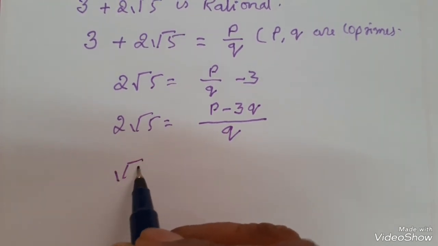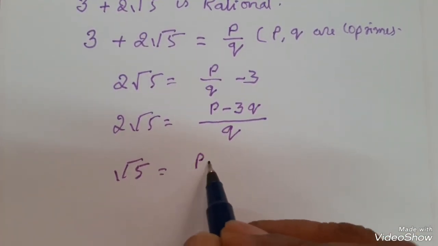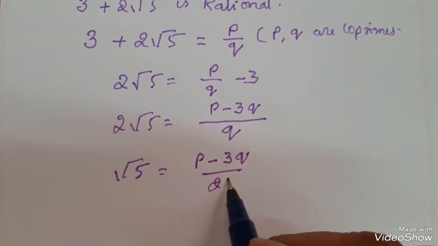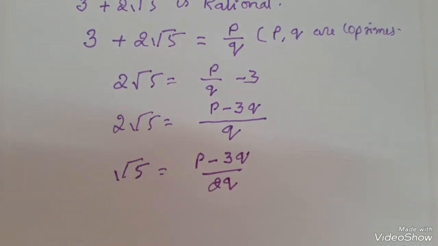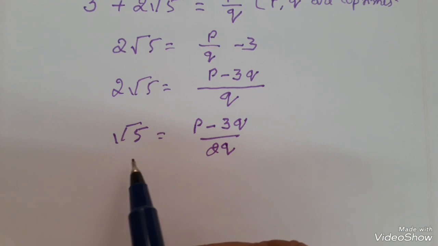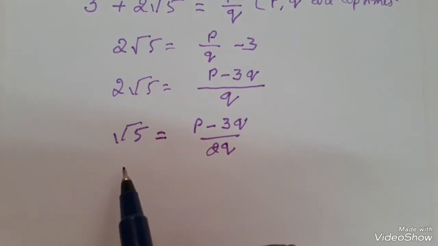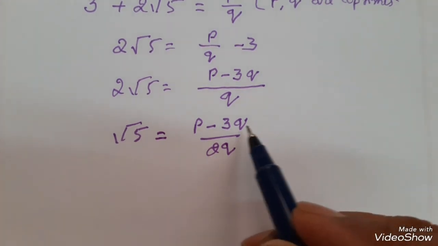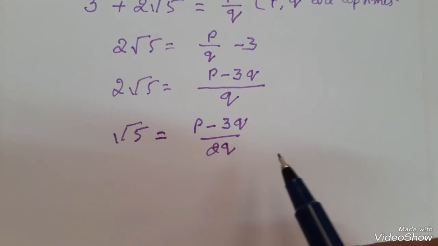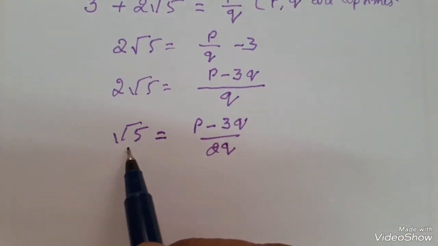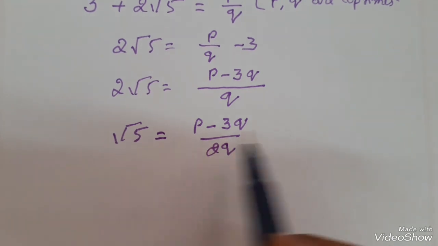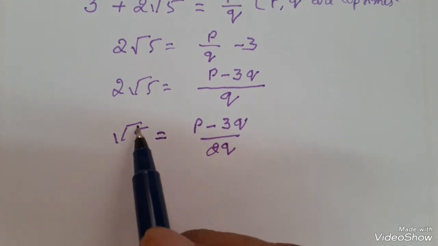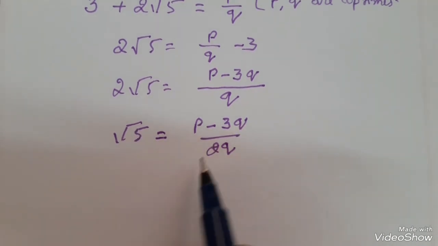Or you can write root 5 equal to p minus 3q by 2q, where this 2 comes here. So a contradiction is formed here. What is it? One side here root 5, we know it is irrational. P minus 3q by 2q is rational. A rational number and an irrational number are never equal. So it is a contradiction to say that root 5 equals p minus 3q by 2q.